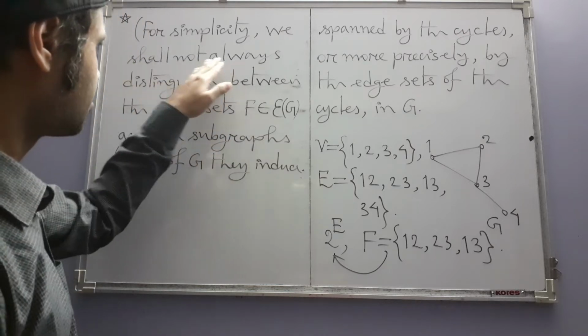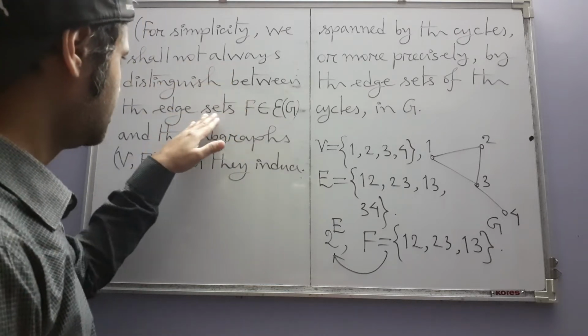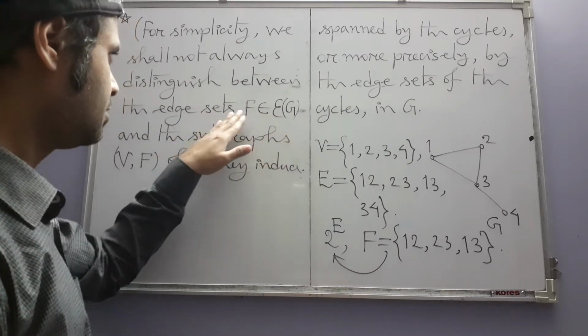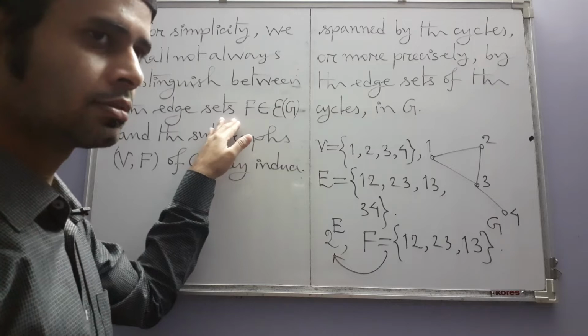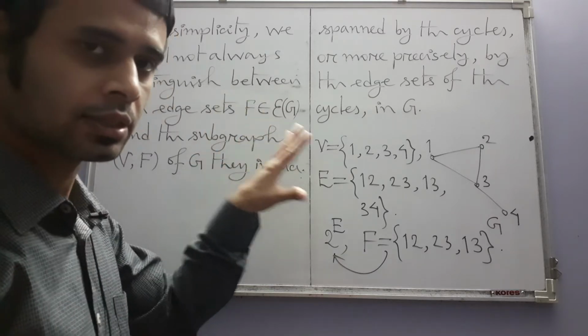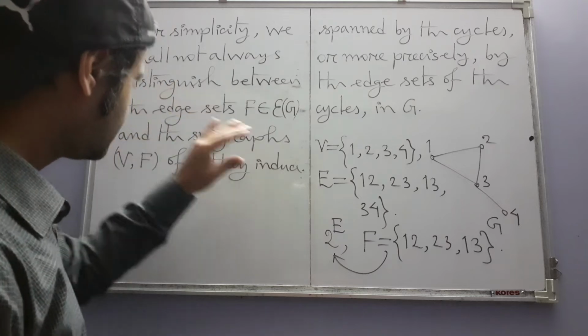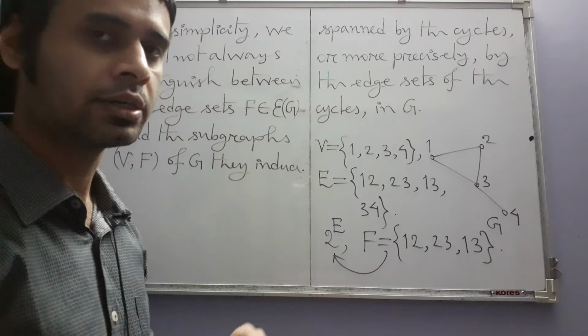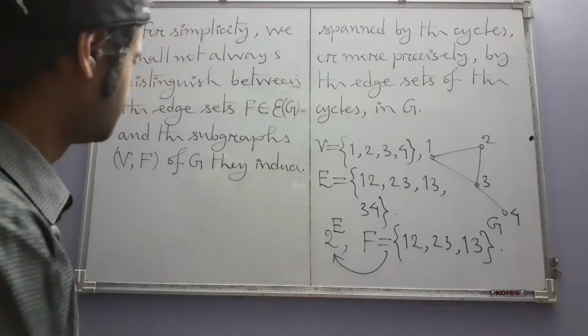You see, for simplicity we shall not distinguish between the edge sets F in epsilon of G. Whenever we normally see sets, we do not think of them as vectors, but in this case they are. When we say edge sets F in epsilon of G, that means this is a single vector in the edge space.